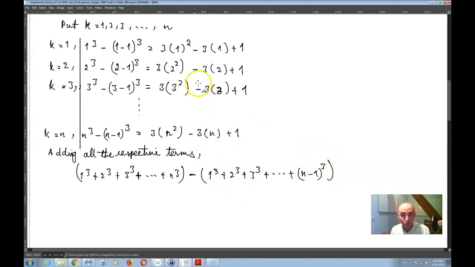That is equal to 3 times 1 cube, 3 times 2 cube, 3 times 3 cube, all the way up to 1 squared, 2 squared, 3 squared.